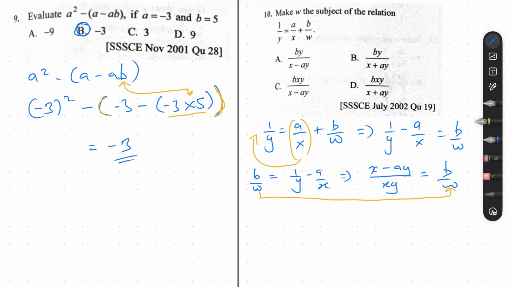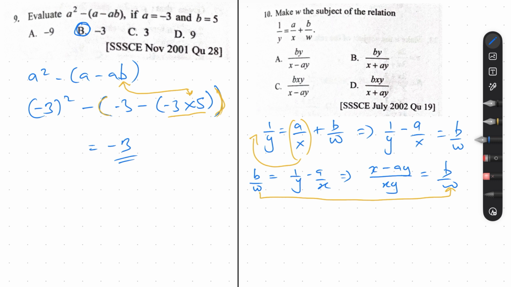Now let's flip the equation on its head so that w can be on top, or we can just cross multiply. Okay, let's cross multiply. That will be easier.